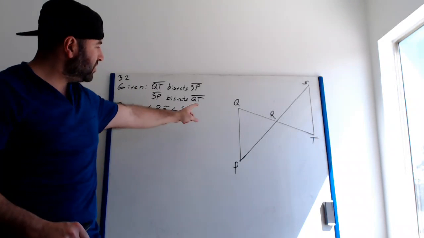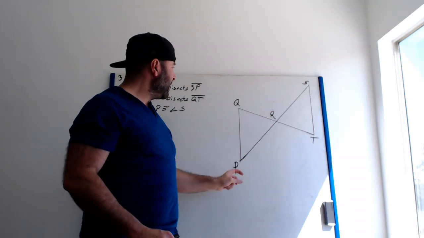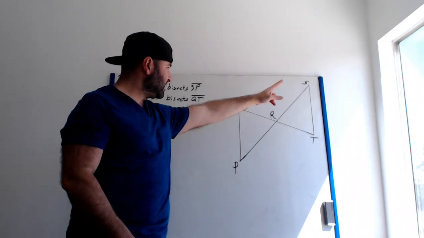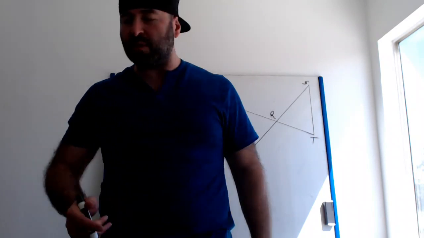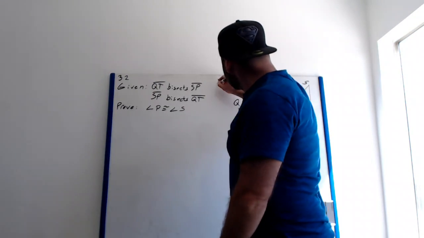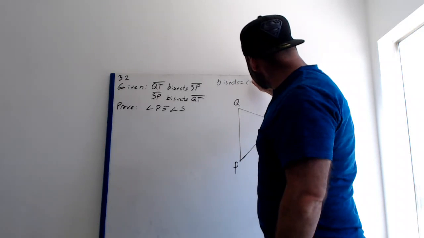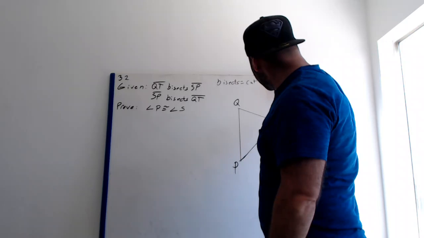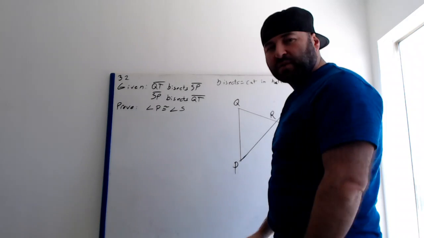We're given that QT bisects SP. And then the opposite, SP bisects QT. So if you guys remember from class, the word bisect is cut in half. That's pretty much what the word means.